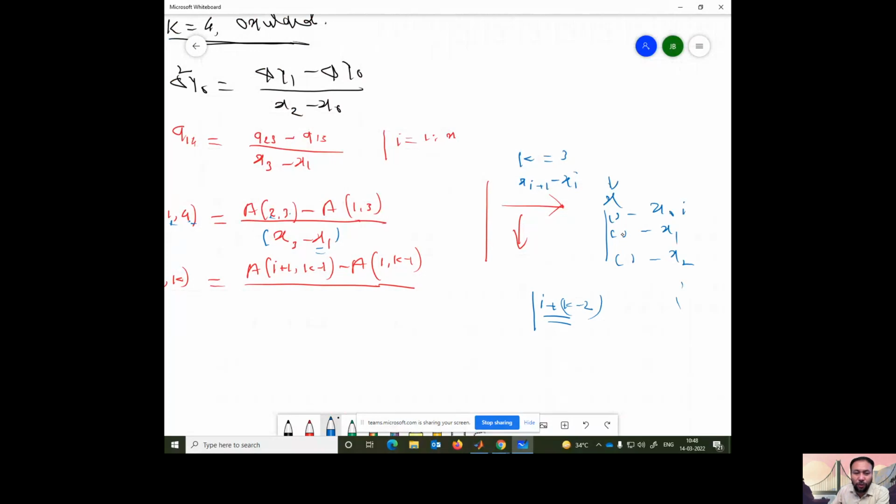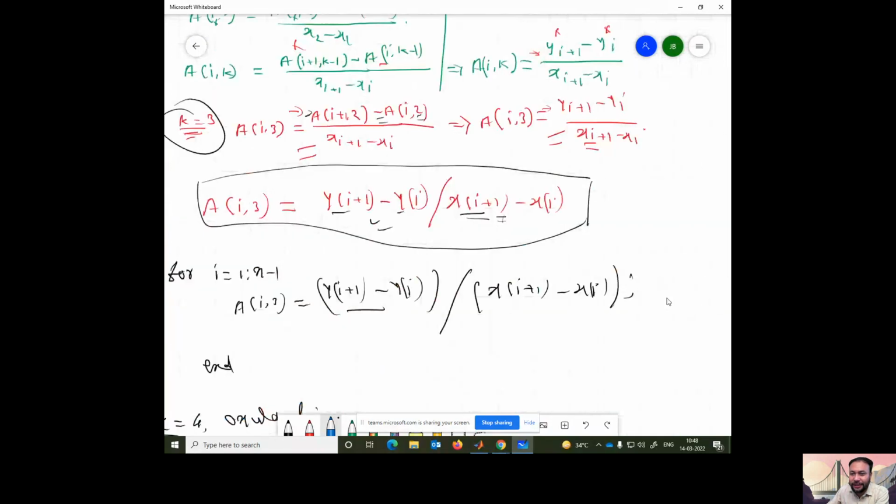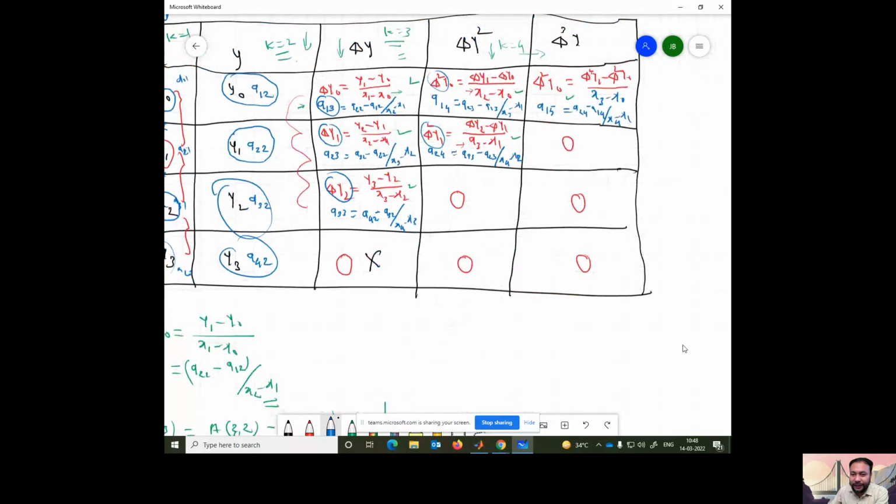Let us cross check for k equal to 4. Is it possible to write x I plus k minus 2 minus xi? There is no problem, because it is 1, 2, 3, 4, it moves. Look here, it is x1, x2, so there is no difficulty here. The difficulty is here. Can I design it like this? Now let us cross check here.